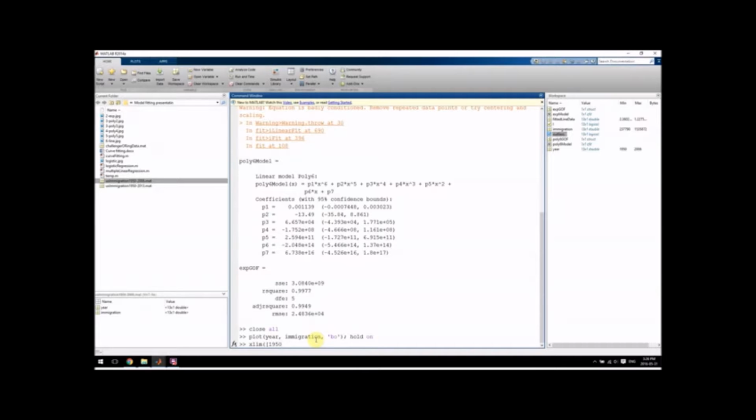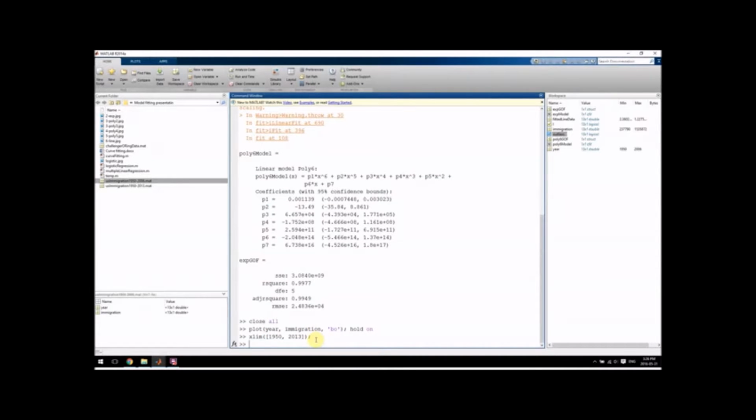So let's plot immigration between 1950 and we'll forecast up to 2013, because we only have data up to 2006 at this point. So we'll pretend that we're a 2006 version of us forecasting immigration into 2013. So we'll give it the Fred-Obbs argument.